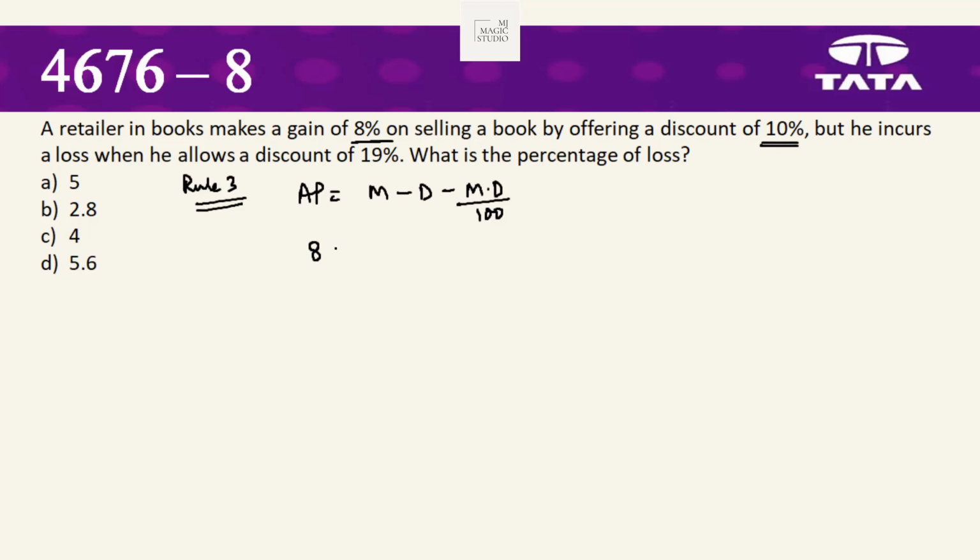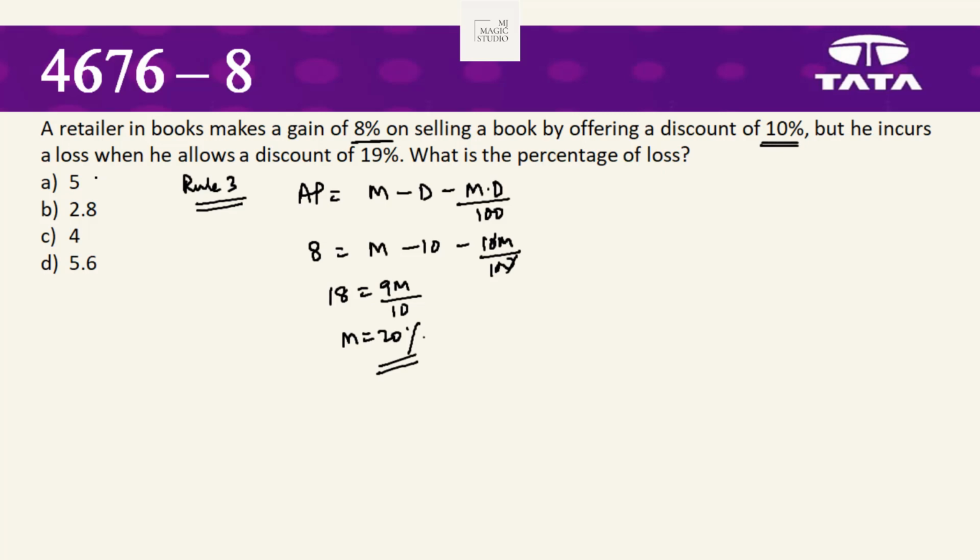Here actual profit is 8, marked up we don't know, discount is 10, minus 10M by 100, so 18 is 9M by 10, that means M is 20. You have increased price by 20% and then offer a discount of 10%.